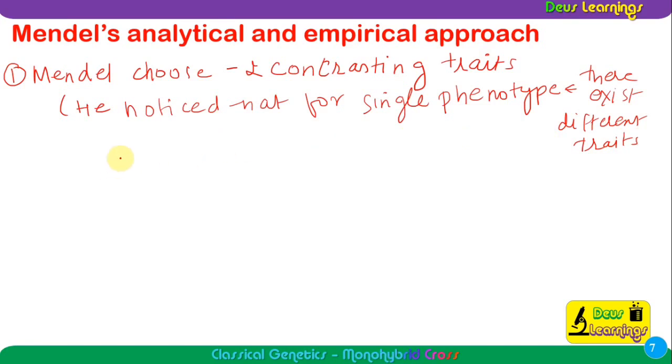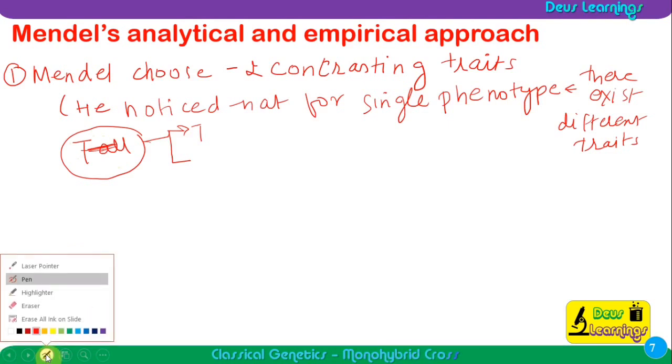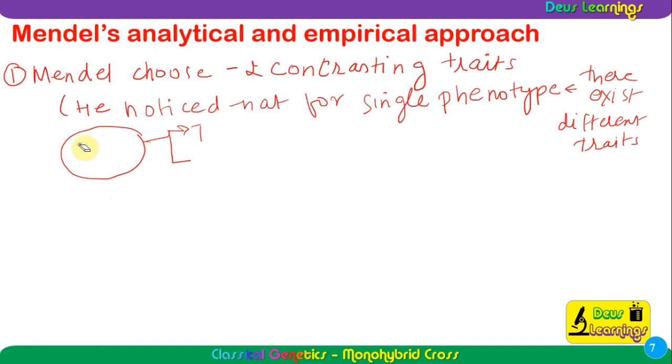So what I want to say is that if you take height of the plant as a phenotype, there exist 2 different traits, that is tall and dwarf.